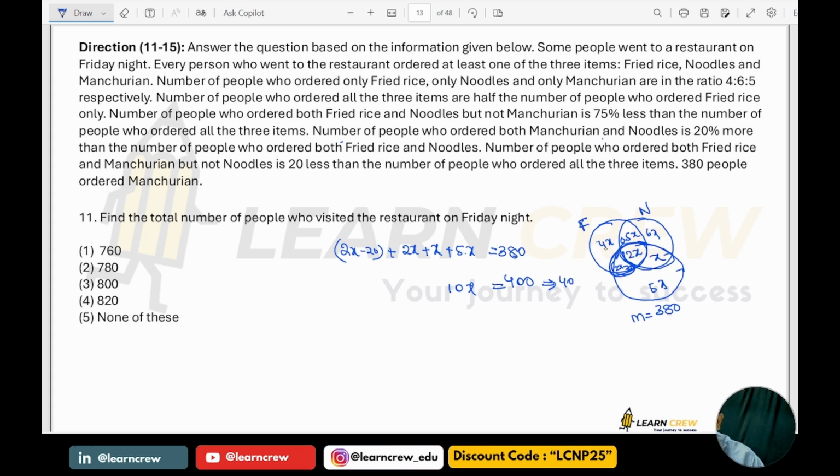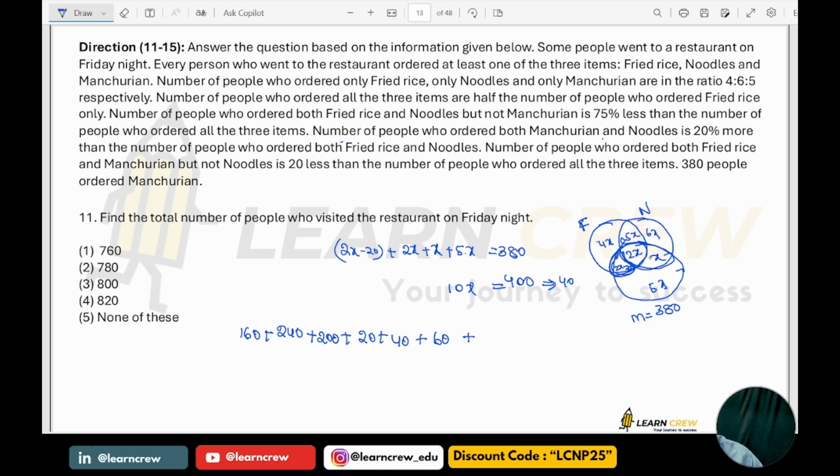X is 40. Thereby, total people are how many? 4 into 40, 160. Next, 6 into 40, 240. 5 into 40, 200. Plus 0.5 into 40, 20. Plus x, 40. Next, 2x minus 20: 2x is 80, 80 minus 20 is 60.